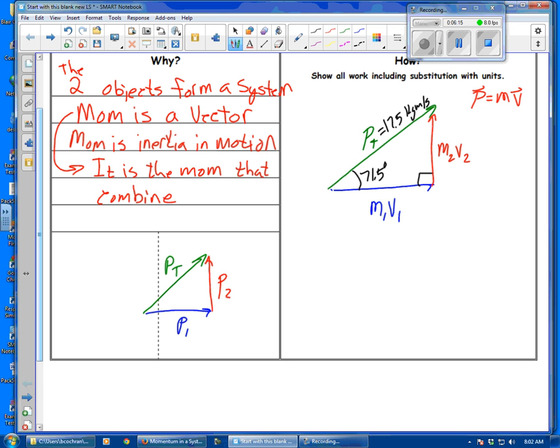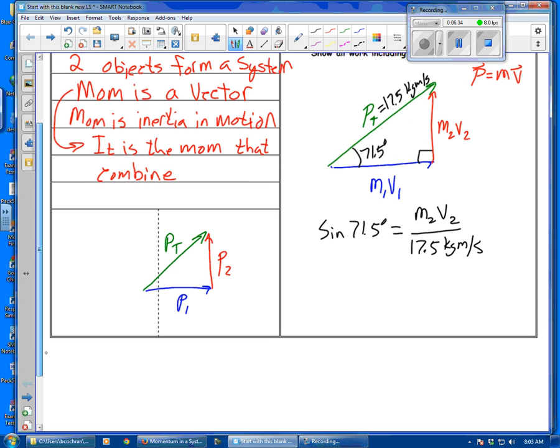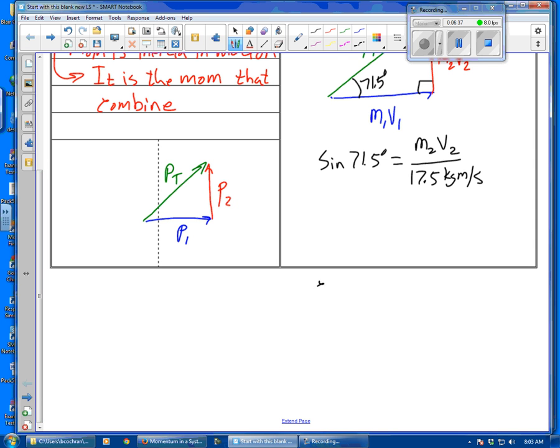So I'd rather deal with things like the sine of 71.5 degrees equals opposite, M2 V2, over hypotenuse, 17.5 kilogram meters per second. And the cosine of 71.5 degrees equals adjacent, M1 V1, over 17.5 kilogram meters per second.